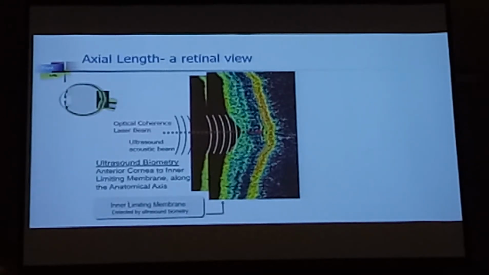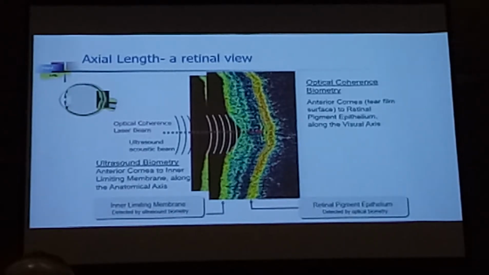So again this shows optical biometers measure the optical axial length, while ultrasound actually measures to the internal limiting membrane, which is just a little bit short. It depends on the retinal thickness. Fortunately, the variability in retinal thickness isn't very big, so ultrasound is still relatively okay.